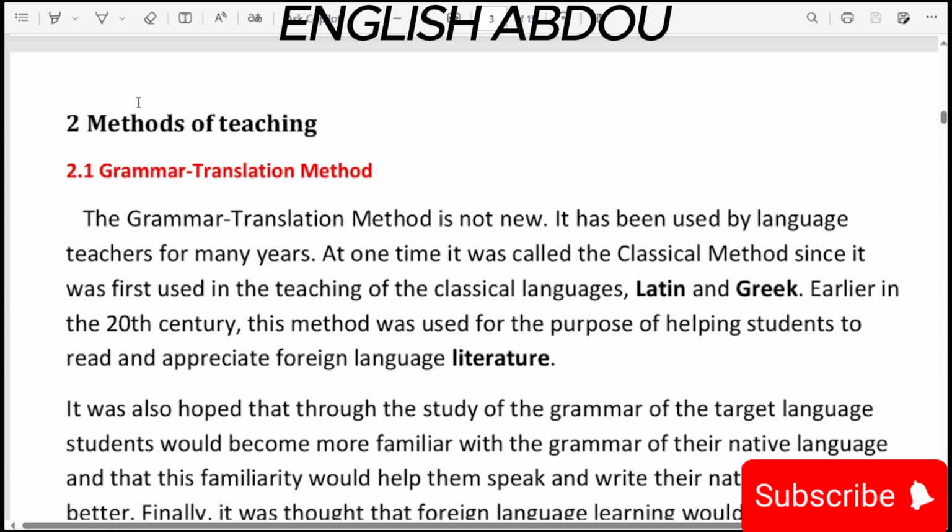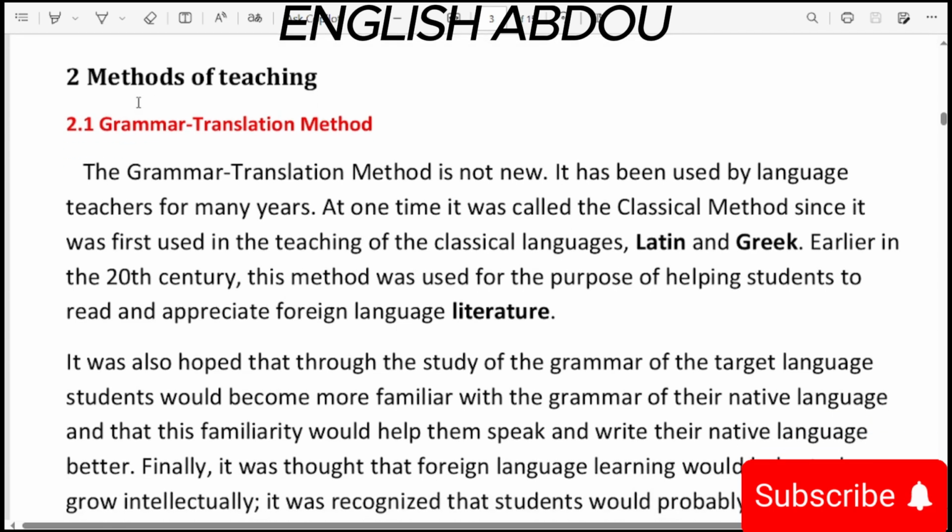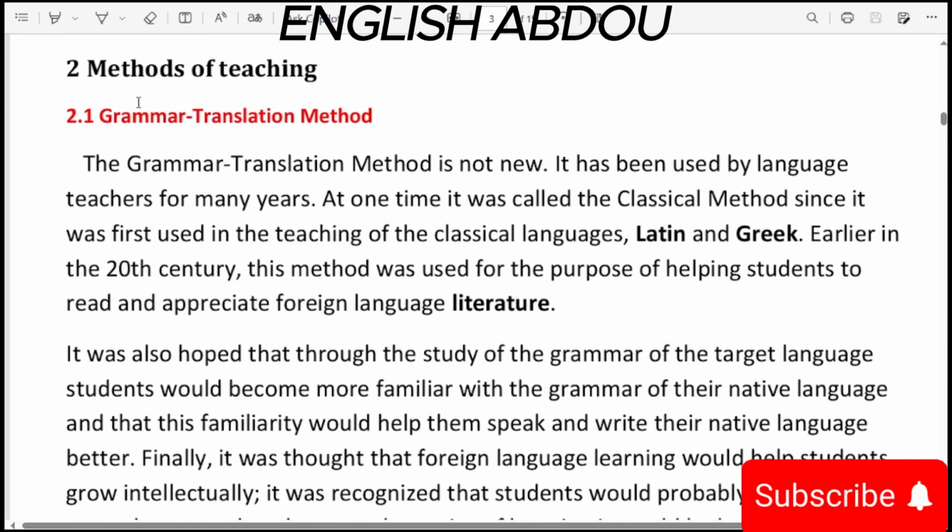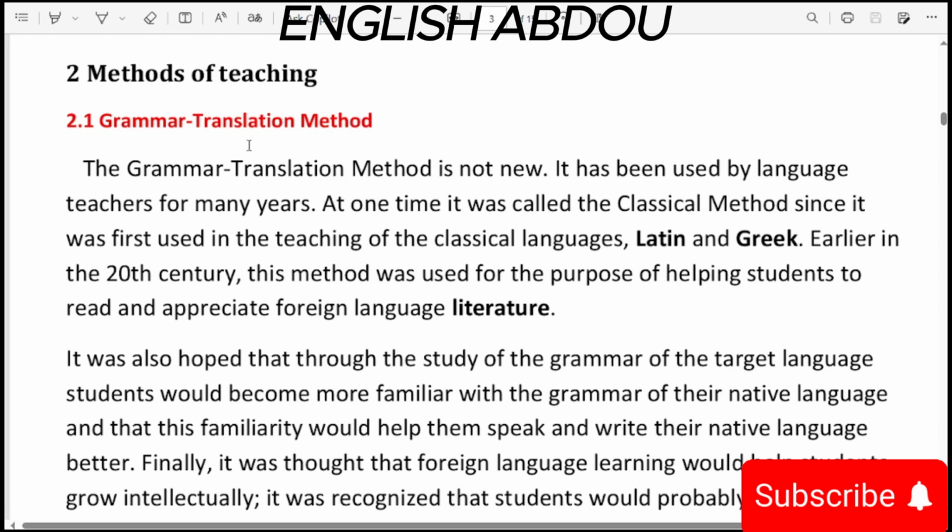We will see how. So the first method we have is the grammar translation method. Before giving its historical background, let's just focus on grammar and translation.